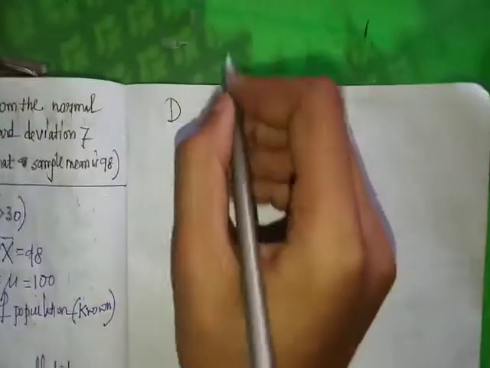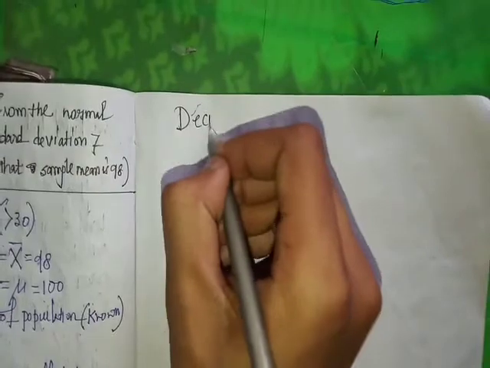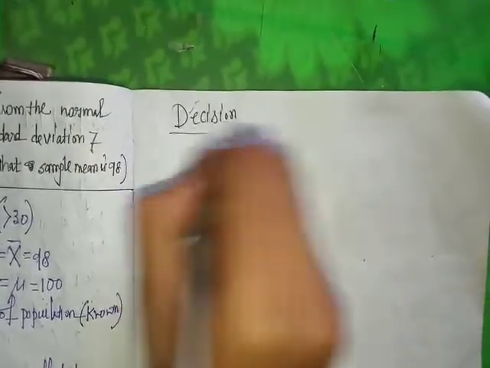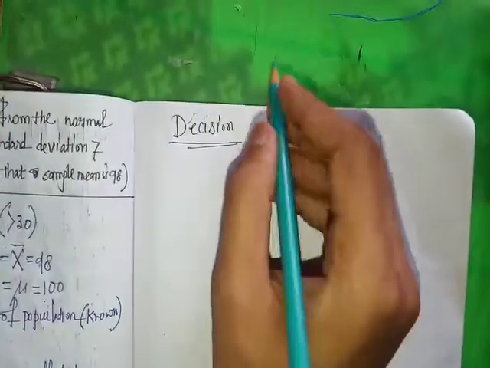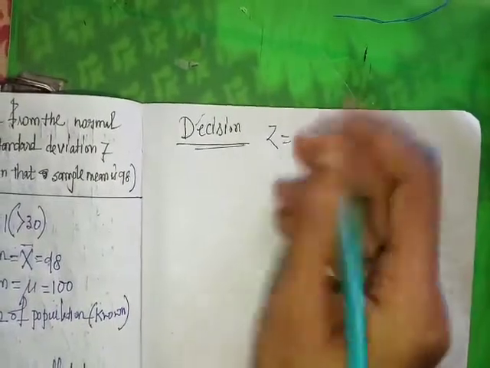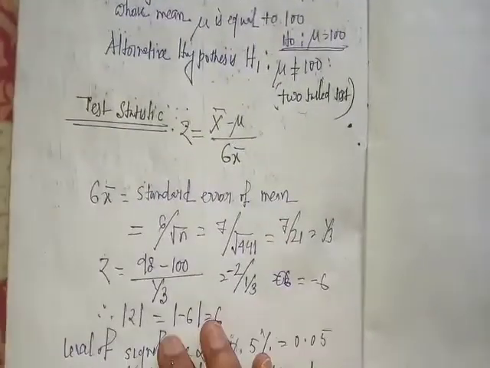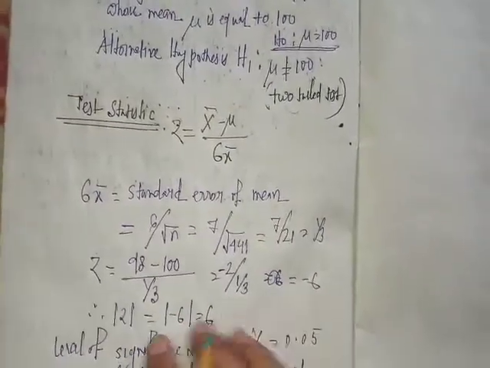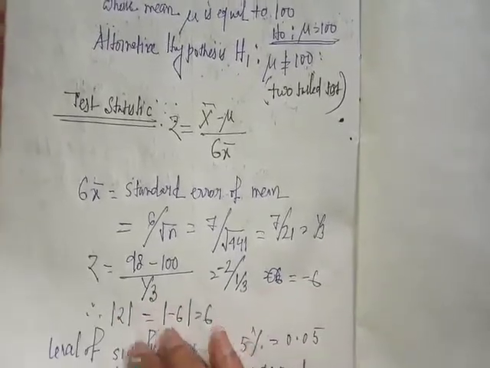Next point is the decision. The z value is minus 6, so mod of z is 6.